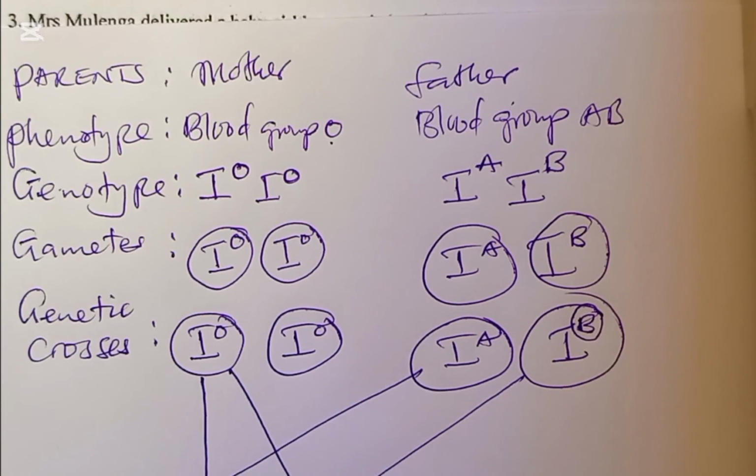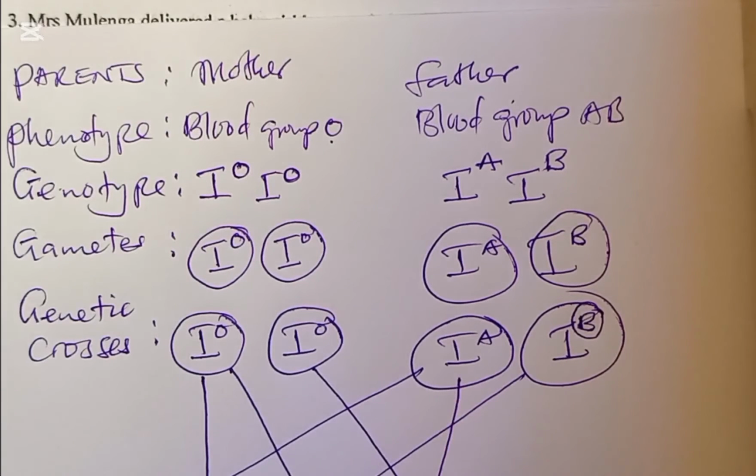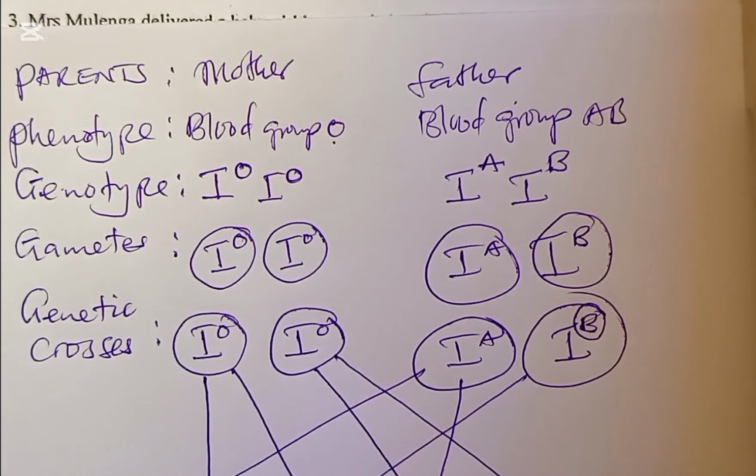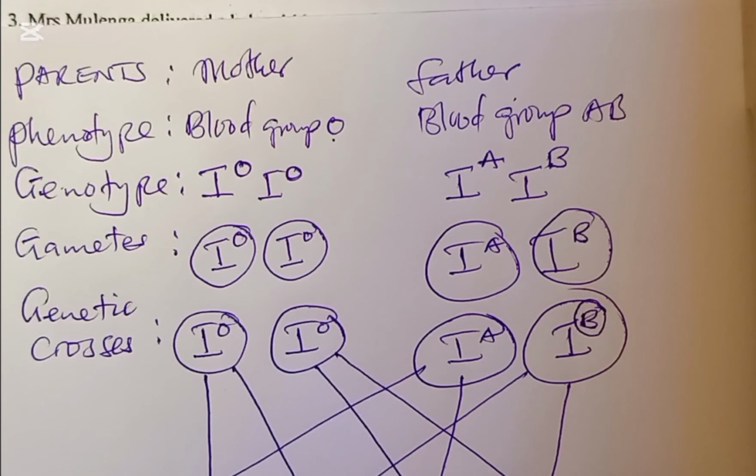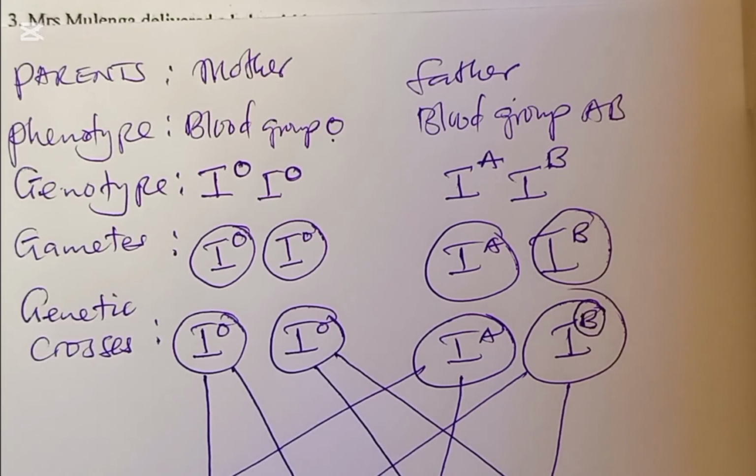So this will result into B, O. This will be crossed with this. This is going to result into this, this. And then finally, this will be crossed with this, and this is going to give us this, this.